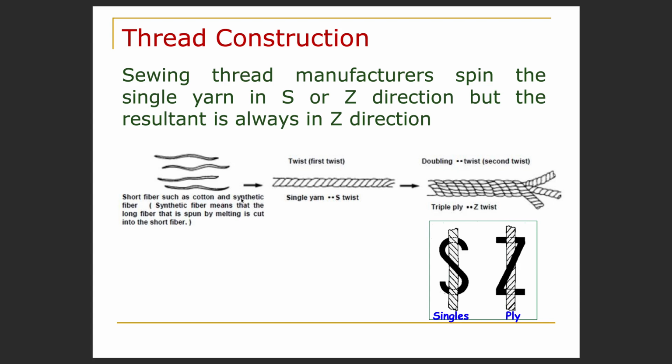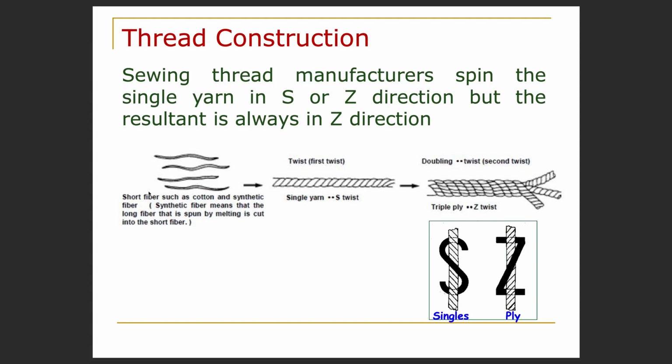Short fibers such as cotton and synthetic fibers. Synthetic fibers mean that the long fiber that is spun by melting is cut into short fibers. Synthetic fibers like polyester can be made available in both spun as well as filament form. If they are cut, they can be made into staple form.